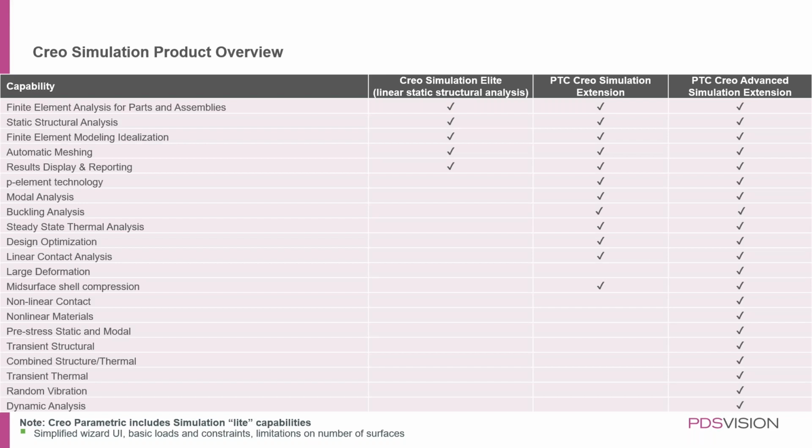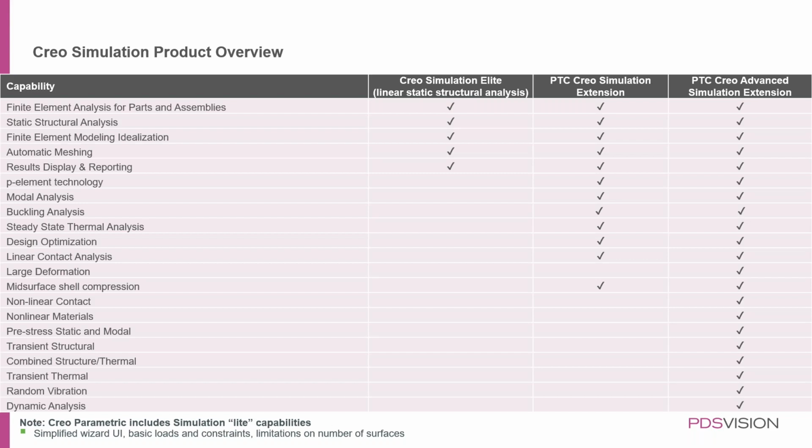With the first license tier, Creo Simulation Extension, we get modal buckling analysis, steady state thermal, design optimization, contact analysis, and mid-surface shell compression. Big ones with advanced simulation are going to be nonlinear contact and nonlinear materials. Those are both very relevant anytime you're using nonlinear materials, of course, but that's going to be a lot of people. It also gives access to large deformation, transient analysis, dynamic analysis, modal analysis, etc.